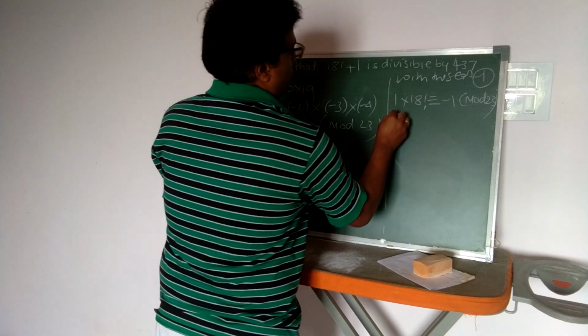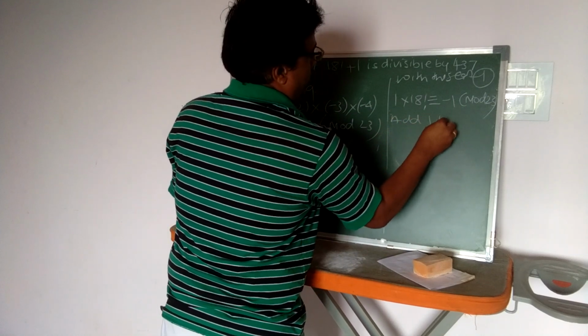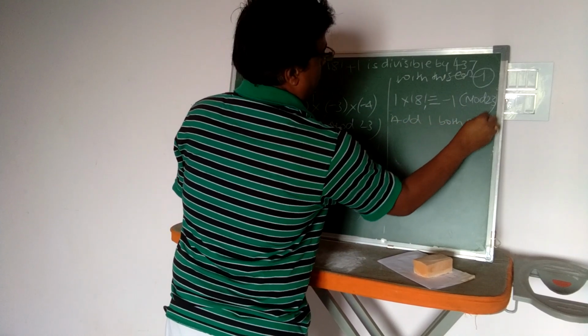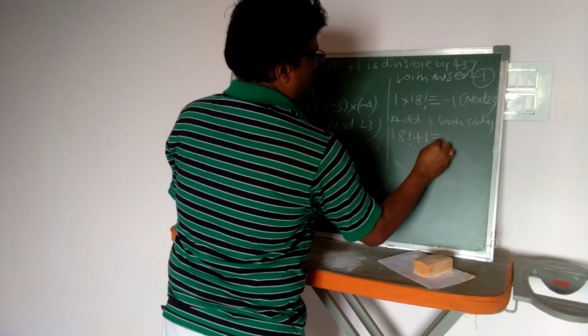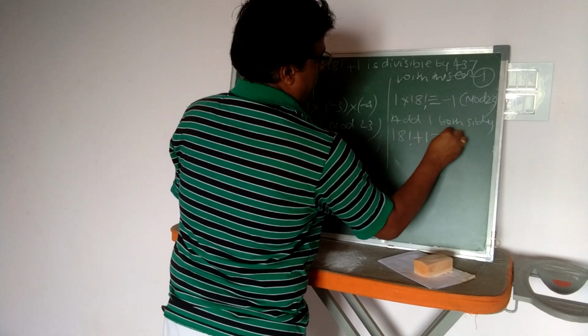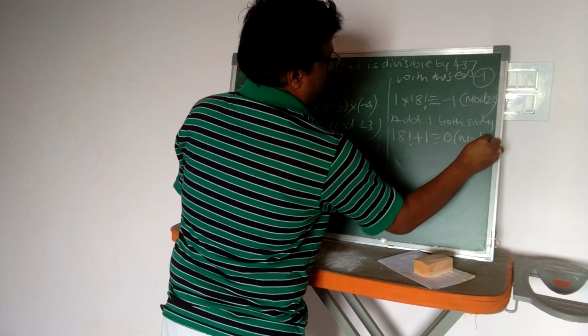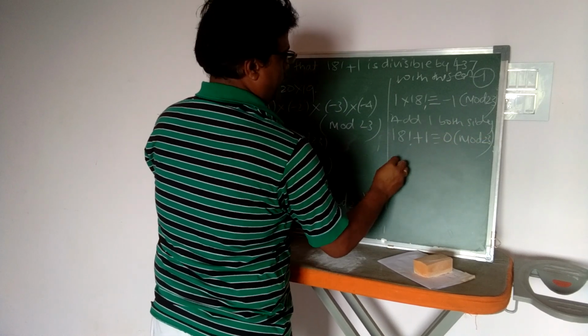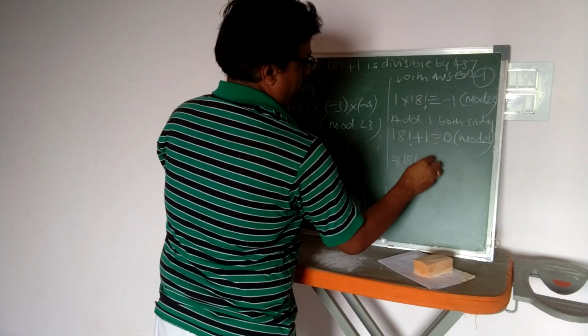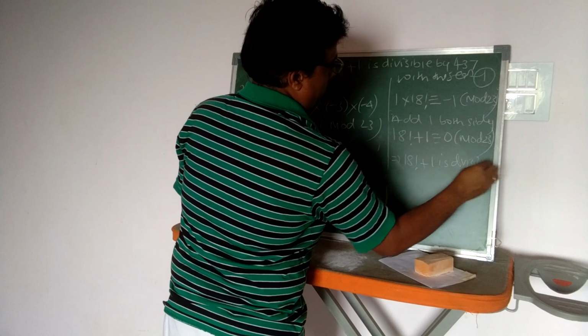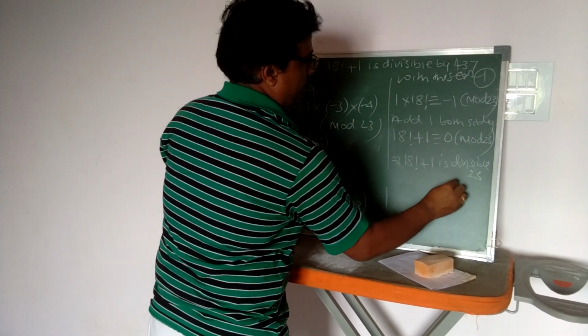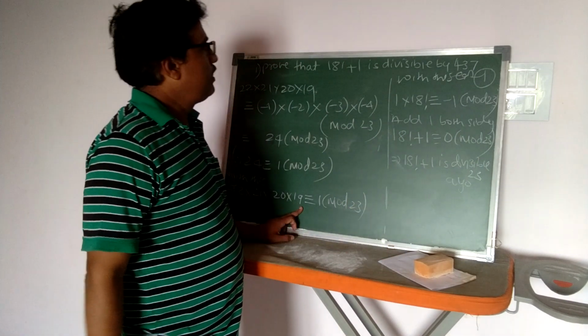So add 1 both sides, which gives 18 factorial plus 1 is congruent to minus 1 plus 1, that is 0, mod 23. So which implies 18 factorial plus 1 is divisible by 23 also.